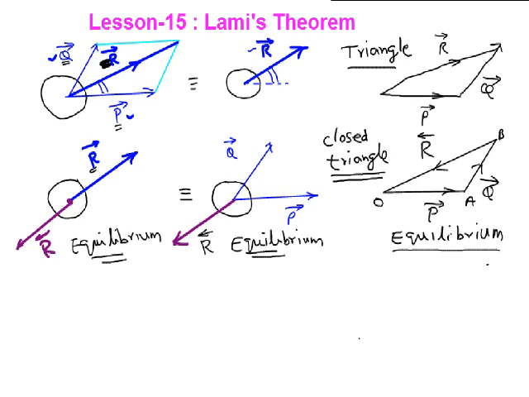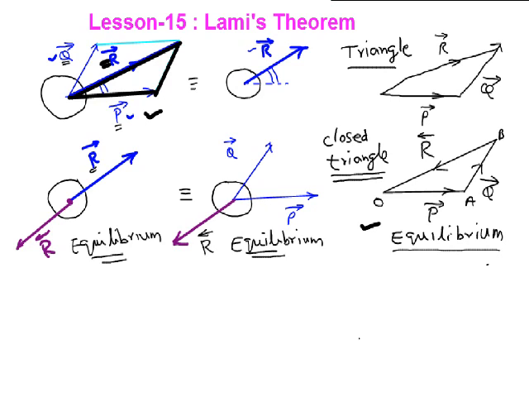Within this parallelogram you can see a triangle. I'll try to draw it in a very thick line. This is one force P bar, and this is one force Q bar, and the resultant R bar. Because this parallelogram law is true, and within it you see a triangle, this must also be true.